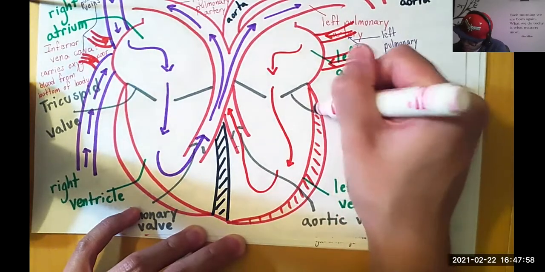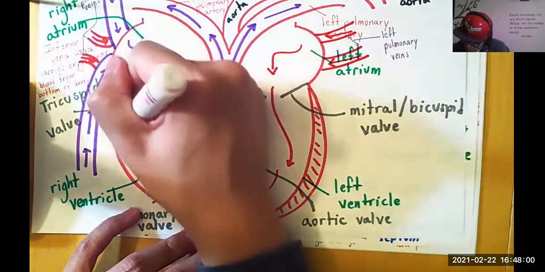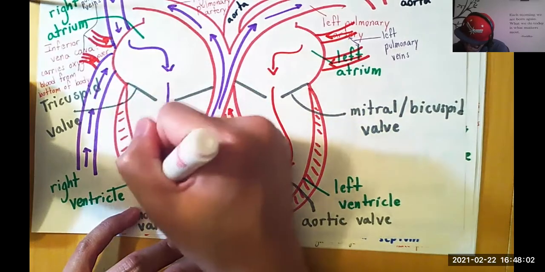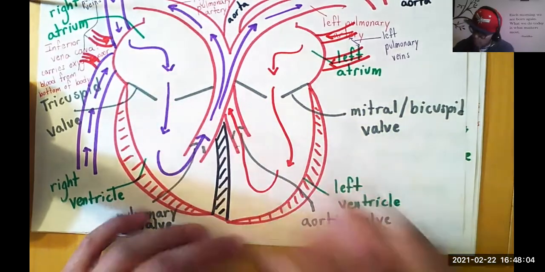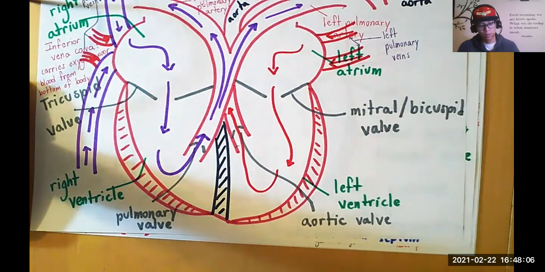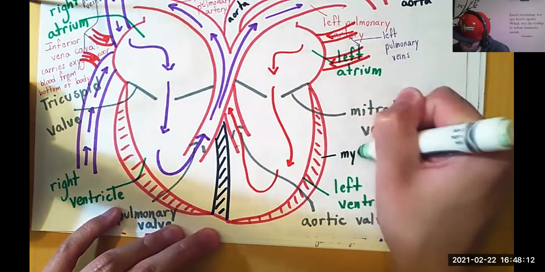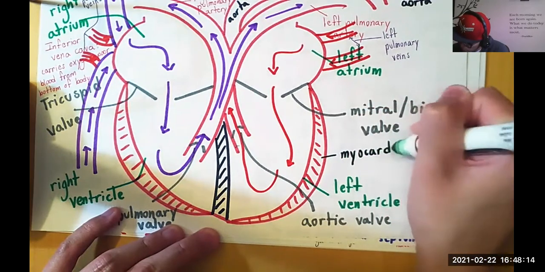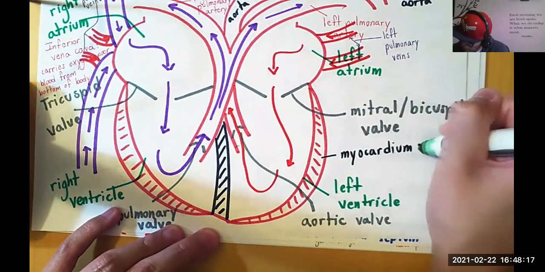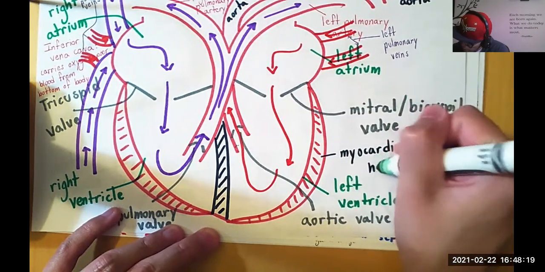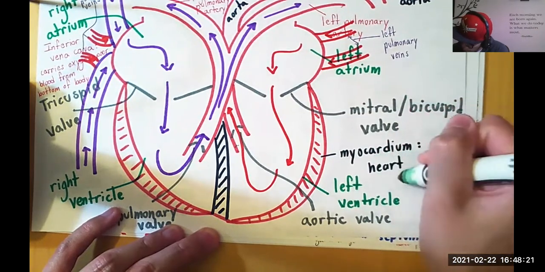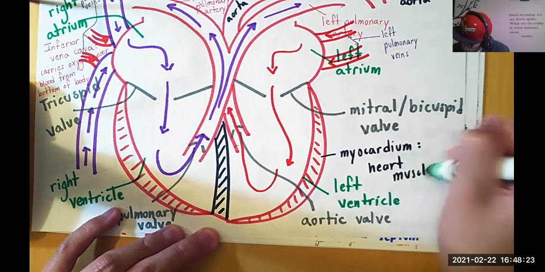I'm going to give the ventricles a bit more meat to them because they have way more myocardium than the atria. They're more muscular. Myocardium, heart muscle, walls.